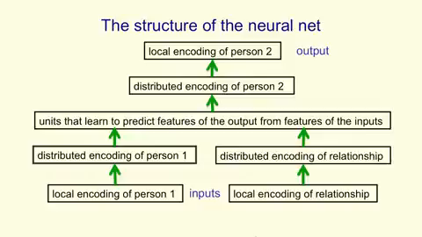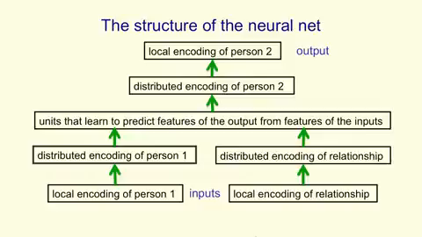And what we're going to try and get out of the neural network after it's learned is the person who's related to the first person by that relationship. The architecture of this net was designed by hand. That is, I decided how many layers it should have, and I also decided where to put bottlenecks to force it to learn interesting representations.